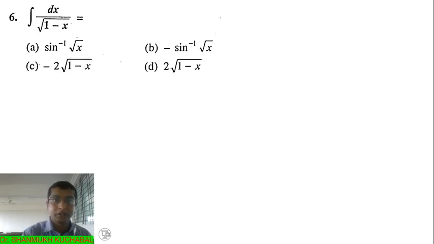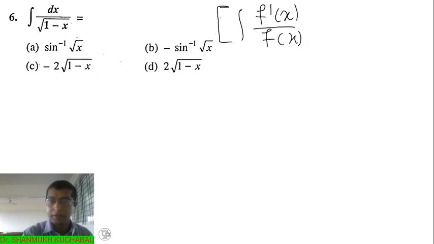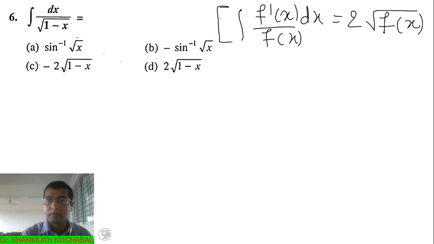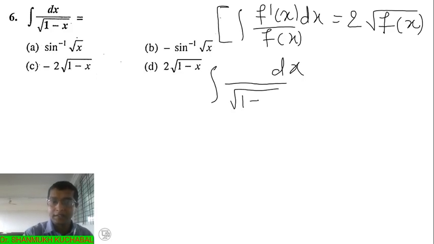It is the integration of dx divided by root of 1 minus x. So once again I am using that rule: if it is f dash of x divided by root of f of x into dx, then we can write 2 times root of f of x. So the denominator is 1 minus x. The differentiation of 1 is 0, minus as it is, the differentiation of x is 1, so minus 1.